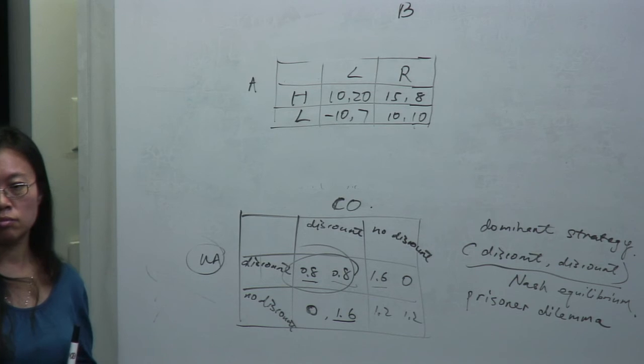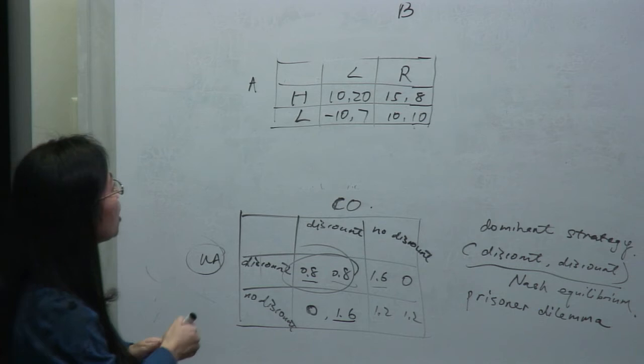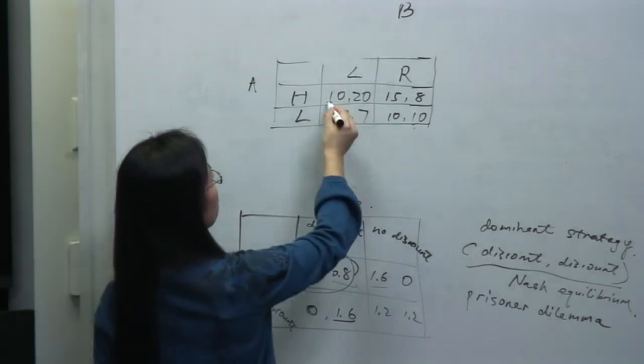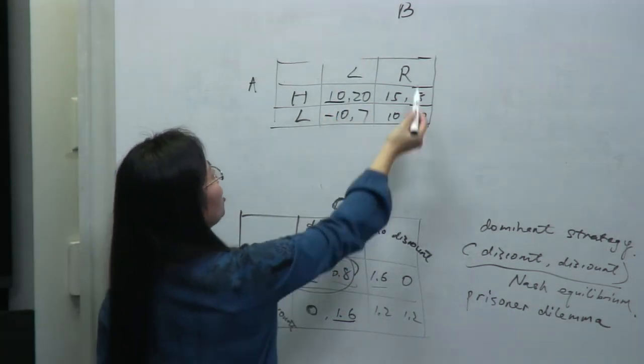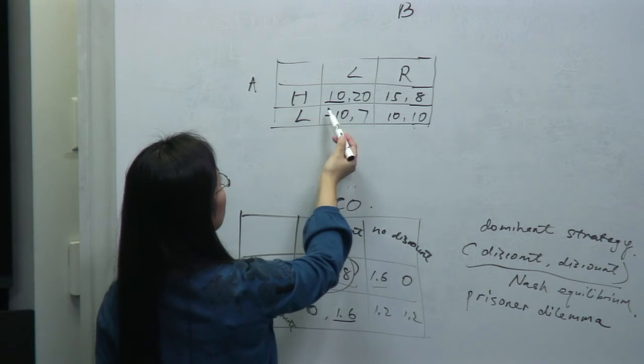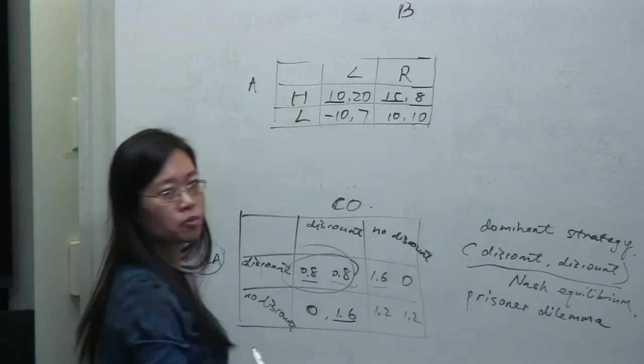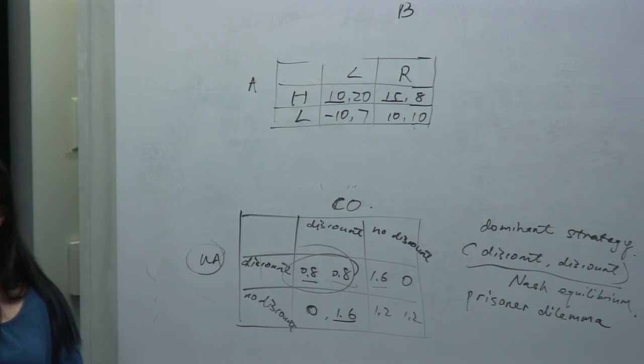Yes, and what is it? H. Because when B chooses L, the best thing for A to do is H, and when B chooses R, the best thing for A to do is still H, because 15. So A has a dominant strategy.